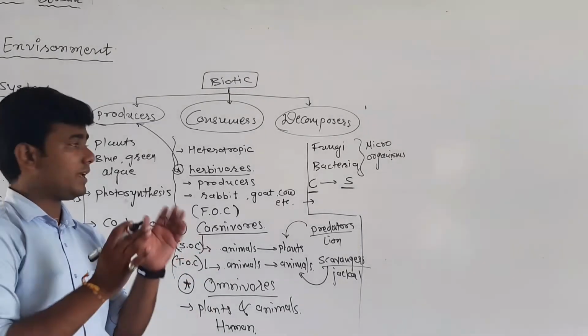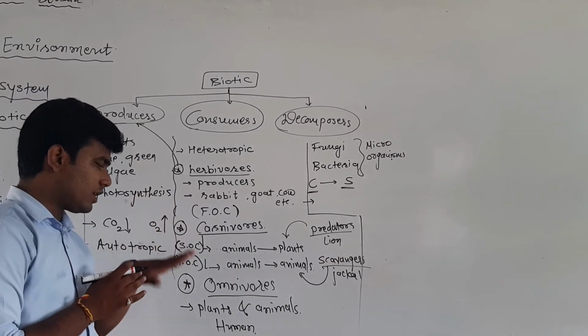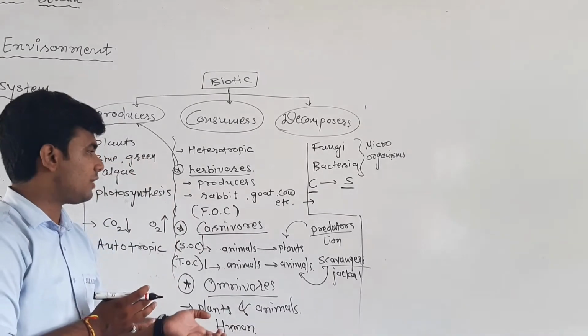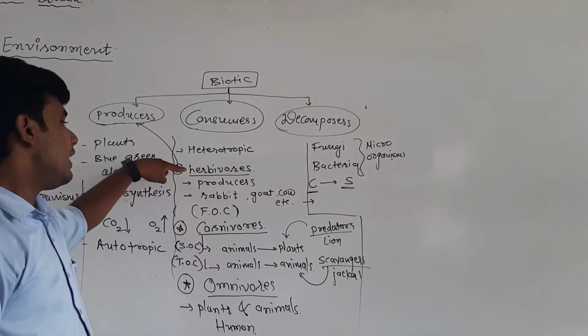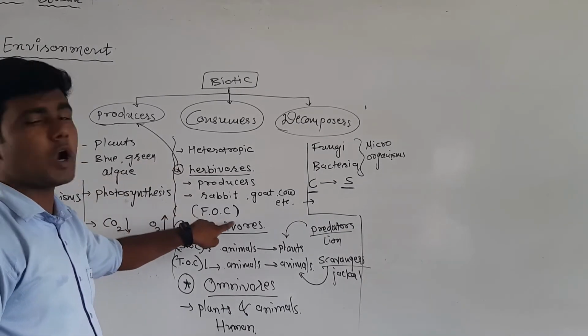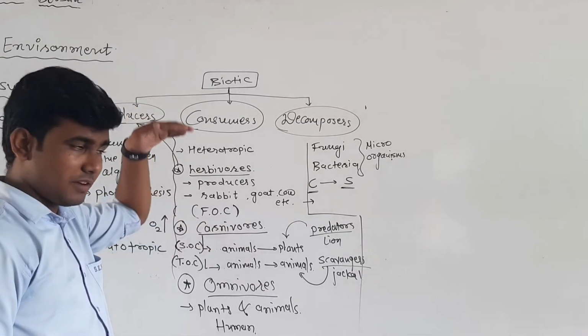In consumers there will be herbivorous, carnivorous, omnivorous, they all are heterotrophs, so they can't prepare their food by themselves, they depend on others. Herbivorous are our first order consumers, right, because it will be the first trophic level.